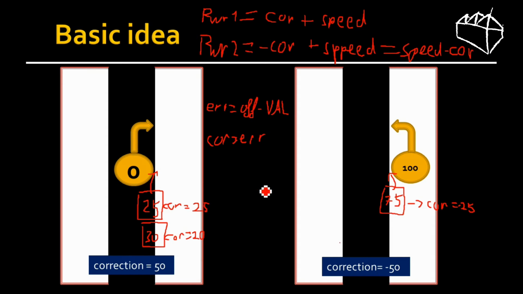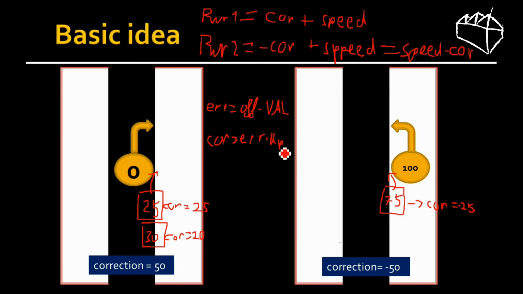So what we want to do now is be able to switch this correction value. And we can do this by adding just another constant. So we say the correction value is the error times the constant of the proportional.